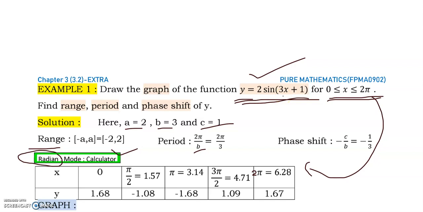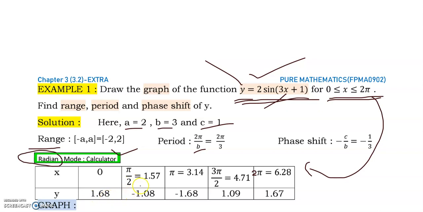It's very, very simple. So 2 times sine of 3 multiply 0 plus 1. Keep your calculator in the radian mode and find the value of this for x is 0. So what is y? That is 1.68.